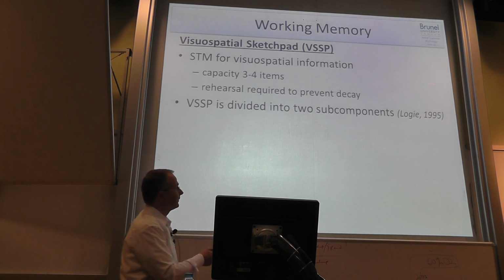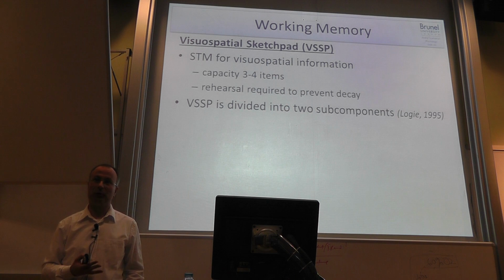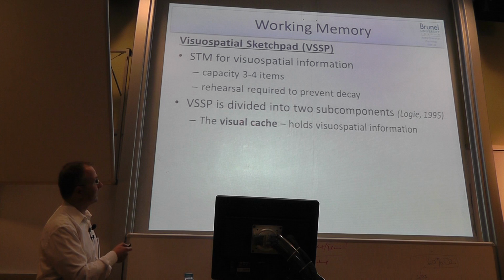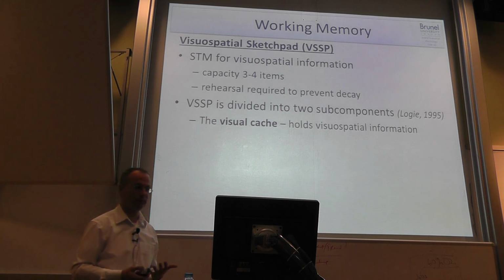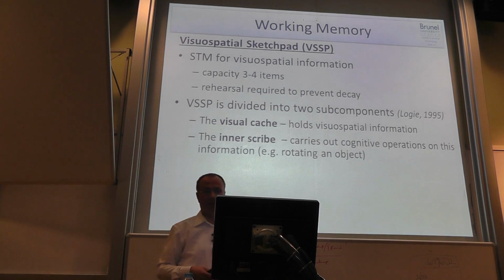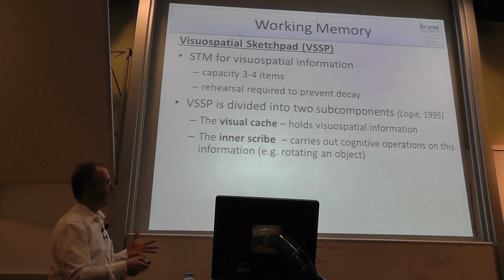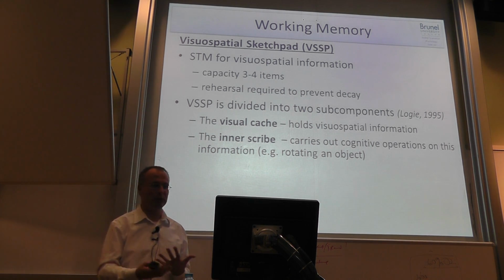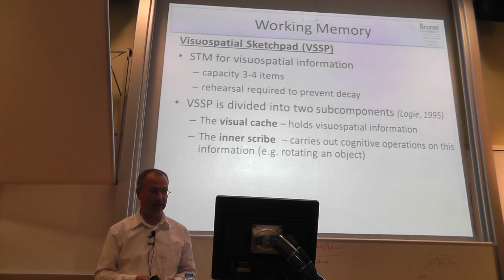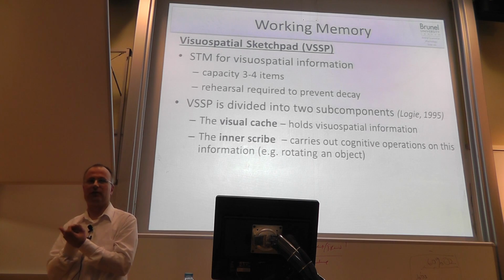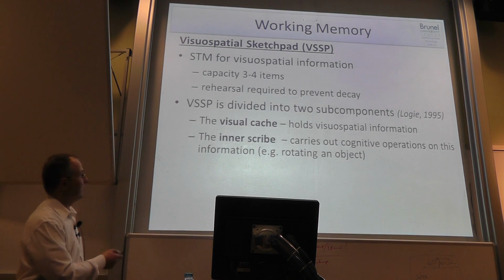Again, Logie proposed 2 subcomponents: the visual cache, which holds the visual spatial information, and something called the inner scribe, which carries out cognitive operations or manipulations on this information. So for instance, rotating an object, when we do mental rotation tasks, then this works in the inner scribe.